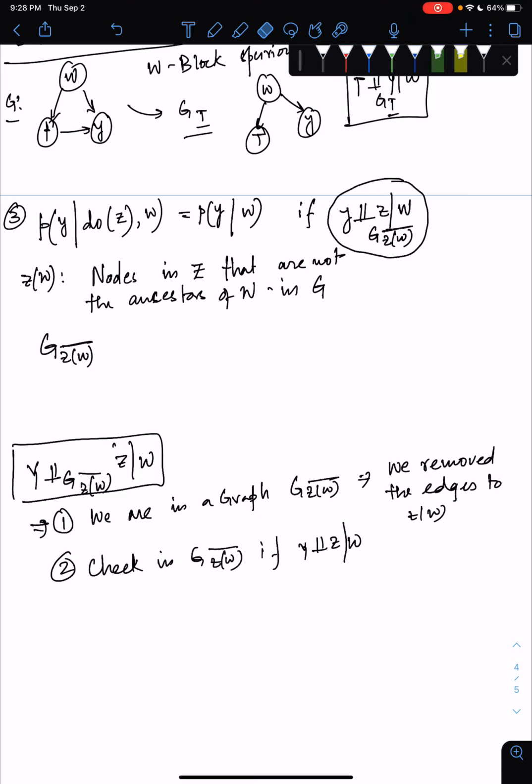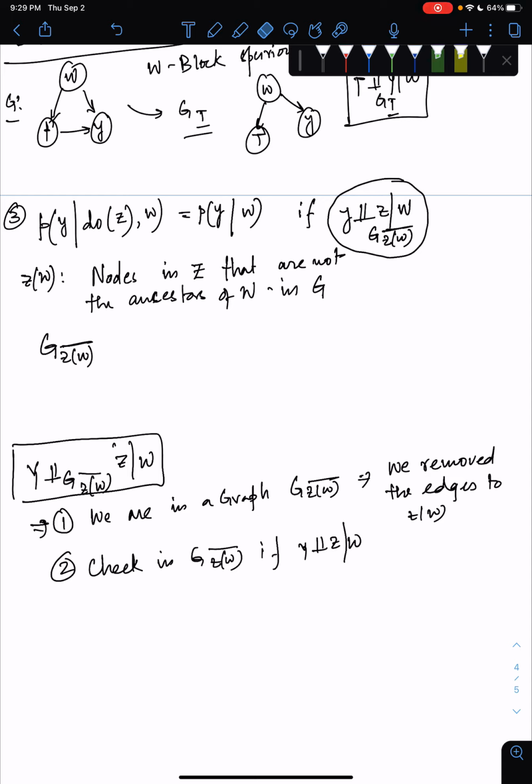We are given this particular condition. To get to this condition, first we have to come to this particular graph, which we get by removing all the edges coming to Z(W), and we check whether in this graph this conditional independence relationship holds or not.